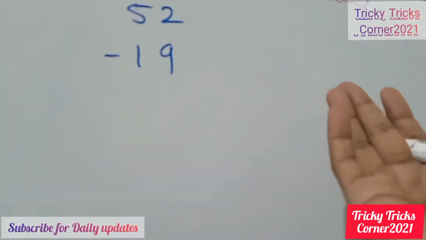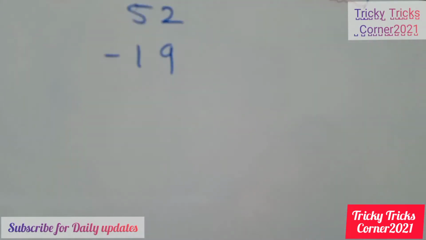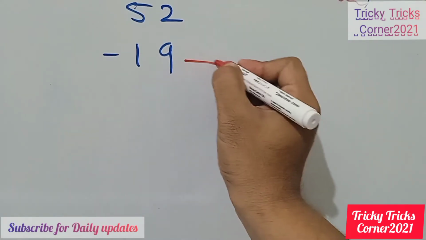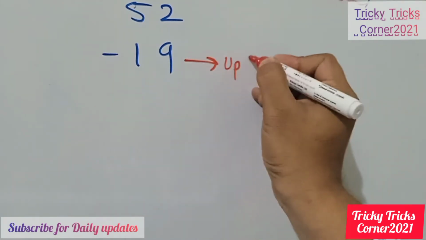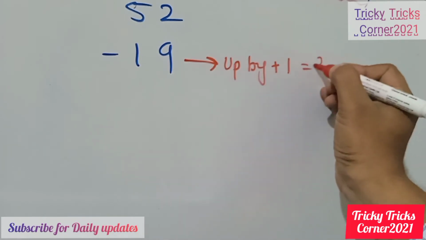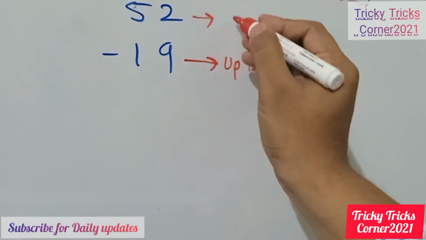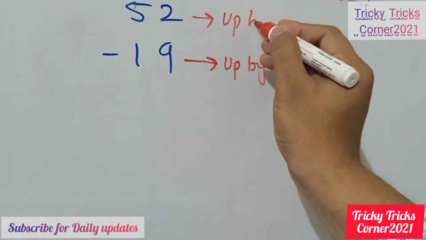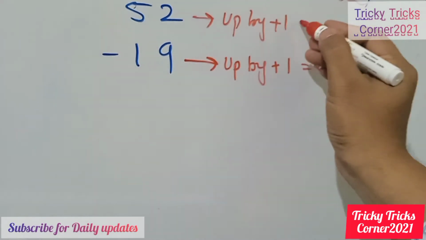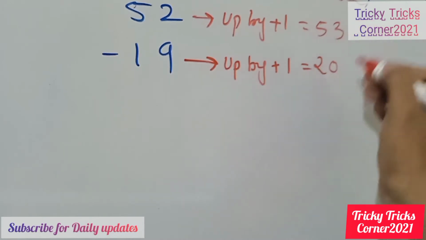What I have explained: take this number up by 1, means plus 1, is equal to 20. Now the other number, up by 1, means plus 1, is equal to 53.